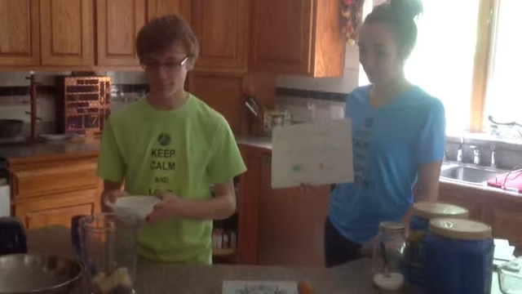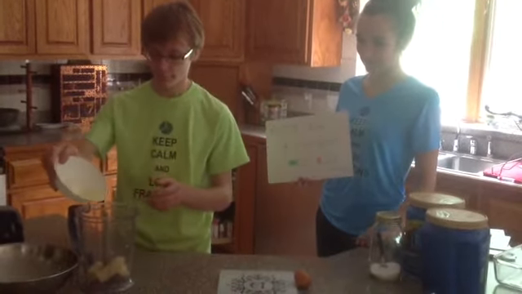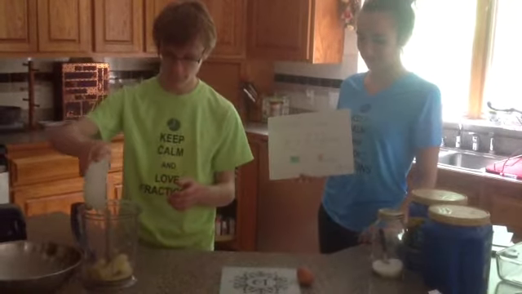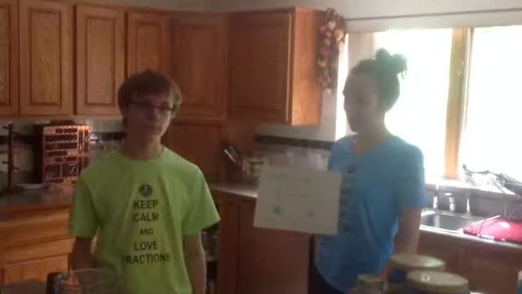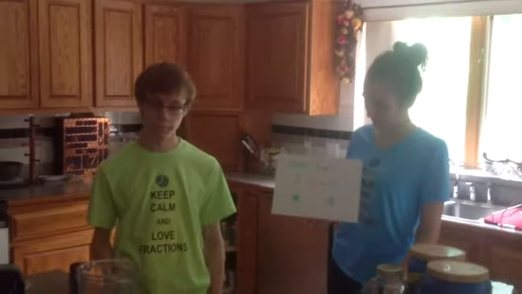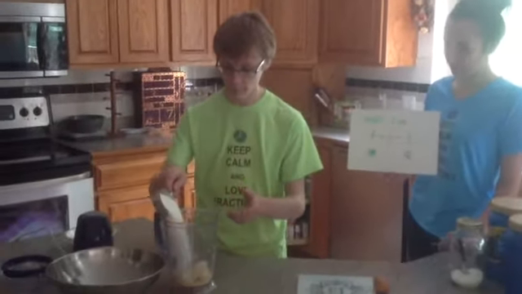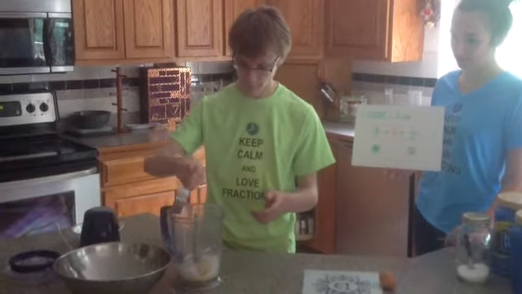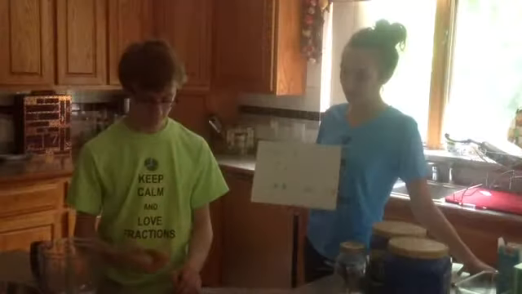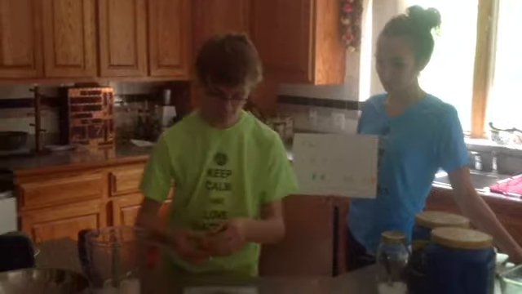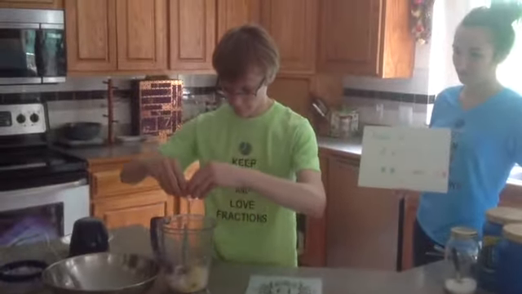Steven's now going to add our 1/4 cup of butter to the blender. Now we have 1/2 cup of sugar. And 1 egg. We're now going to blend the ingredients together.